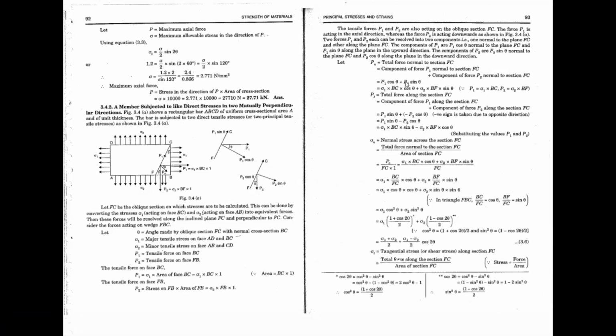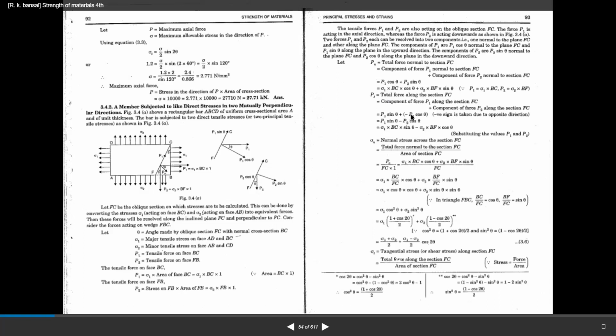To find these values, this is negative P1 sin theta plus or minus P2 sin theta; the negative side is taken in the opposite direction. P2 cos theta is also in the opposite direction. Finally, sigma 1 BC into sin theta minus sigma 2 BF into cos theta.